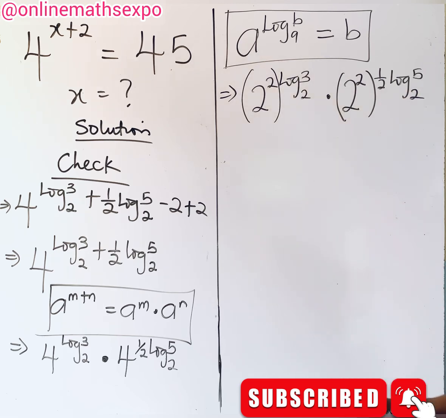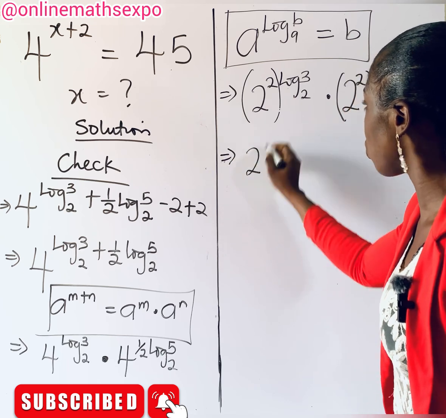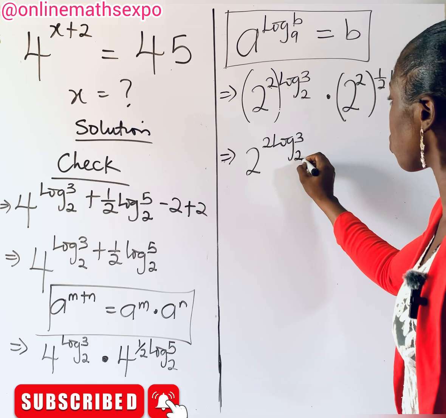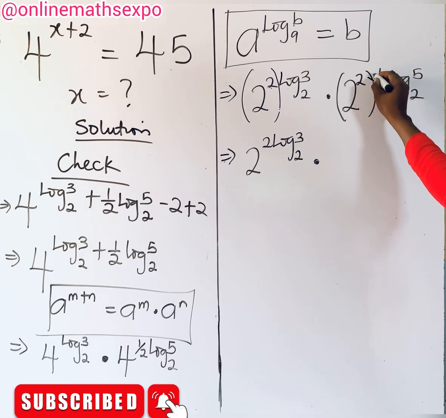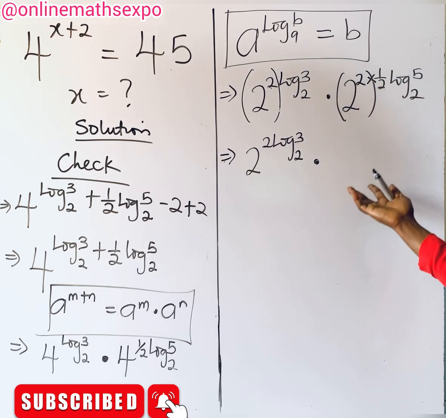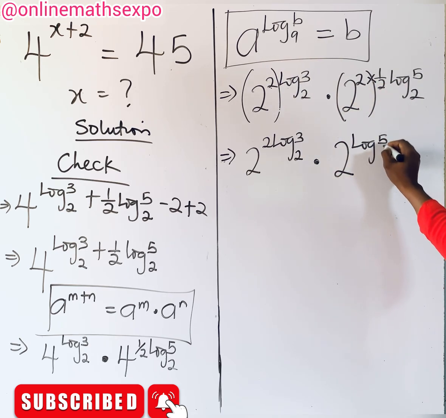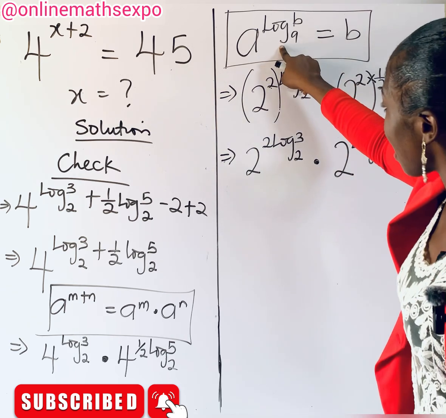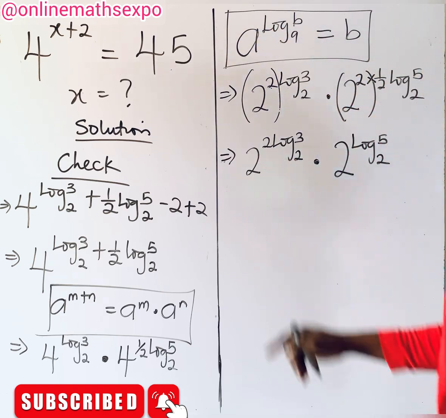Interesting. Now what do we do? Multiply this power. It's giving us 2. These two will multiply, so we have 2 log 3 base 2 multiplying. Now for this, when this multiplies, 2 multiplies half is 1. So we are having 2 to the power of log of 5 base 2. Amazing. But still observe that here, the coefficient of the log is 1, but what we have here is 2.